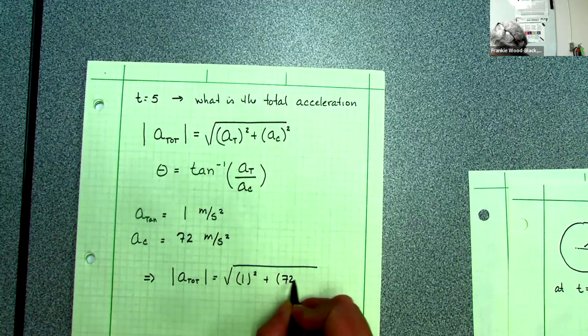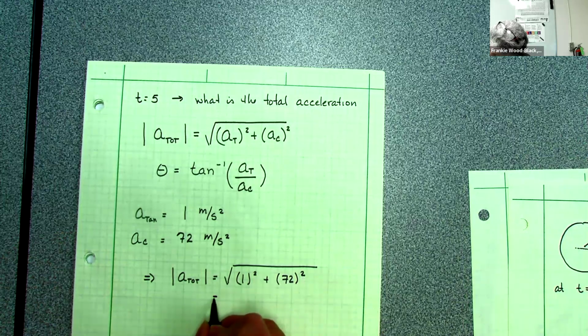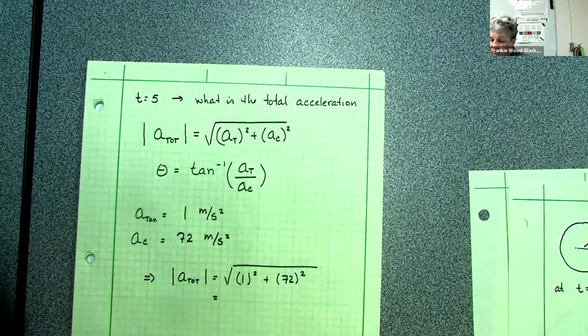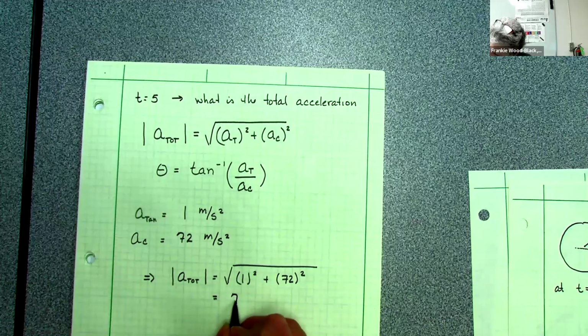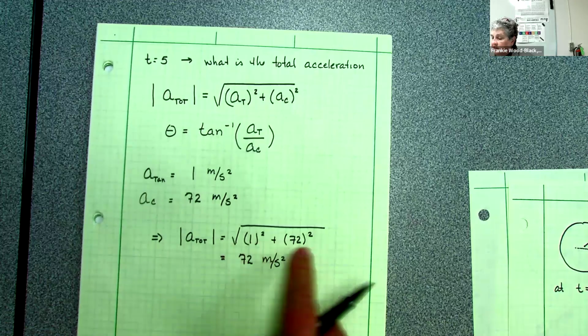I'm just making sure I wrote down my numbers correctly. This is going to be about 72 meters per second squared, which kind of makes sense because the tangential part is a low number.